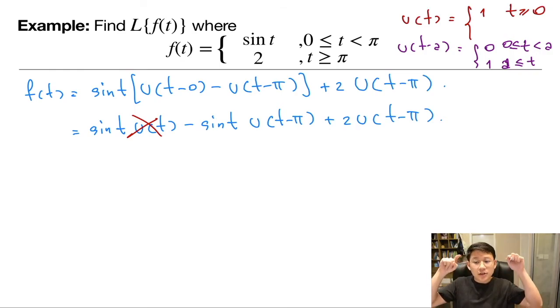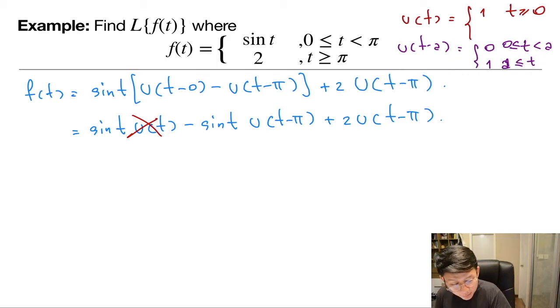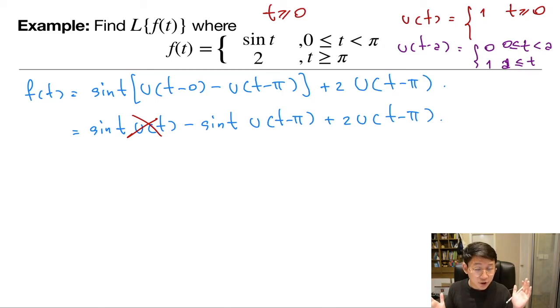Just don't forget, guys, the whole chapter is based on the assumption that t is always bigger or equal to 0. So guys, take home message: whenever you see u(t), just get rid of it.